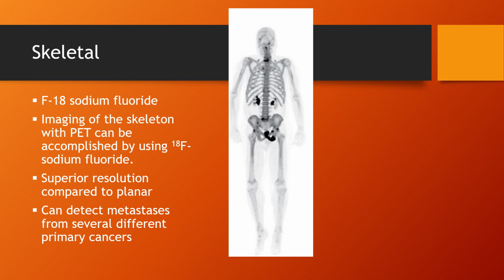This imaging here shows an ill-defined region of patchy osteosclerosis involving the left ischium and inferior pubic ramus. You can see it right here in the pelvis. It is intensely fluoride avid, which means it's hypermetabolic and taking up a lot of fluoride.